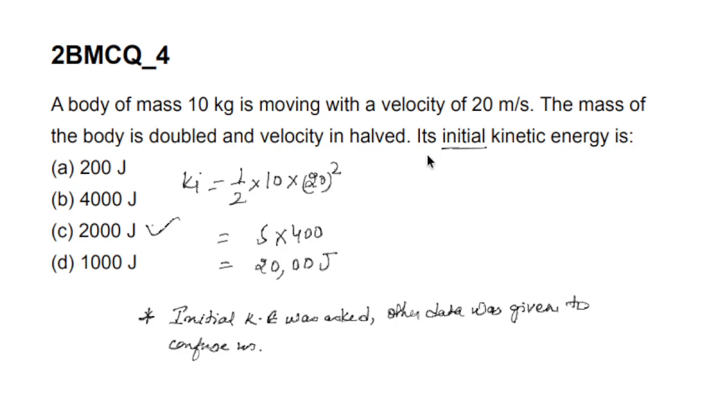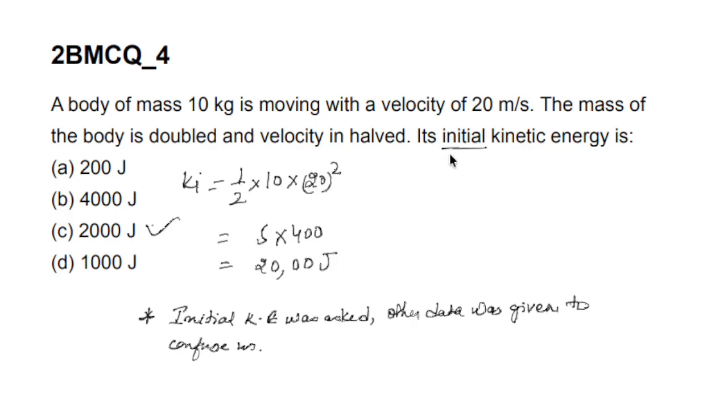Let's see this question. A body of mass 10 kg is moving with a velocity of 20 meter per second. Mass of the body is doubled and velocity is halved. Its initial kinetic energy is? See how cleverly they're asking about initial kinetic energy. I thought because mass is doubled and velocity is halved, they would ask for final kinetic energy, but they are asking for initial. So remember to read the question properly.